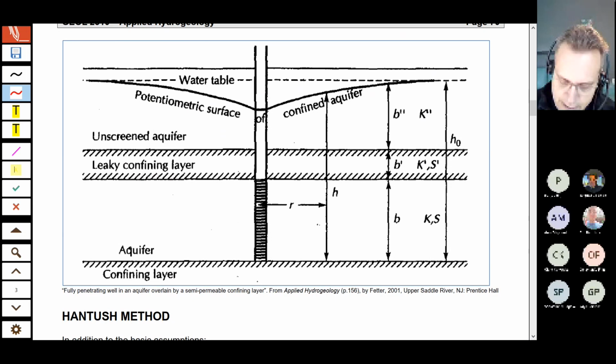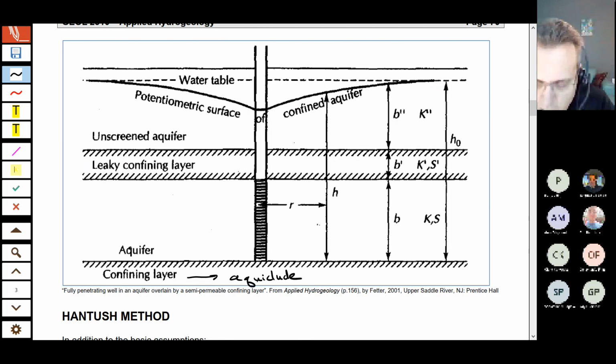So there is a very similar graphic as previous, and we could also call the confining layer the aquiclude. We see that we have a fully penetrating well, and as we go out an appreciable distance from that fully penetrating well, we could use it to estimate drawdown or various other properties at some radial distance from the center of the well.